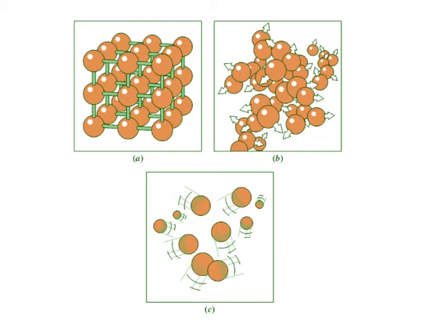In gas phase, the molecules are far apart from each other and a molecular order is non-existent. Gas molecules move about at random, continually colliding with each other and the walls of the container they are in.